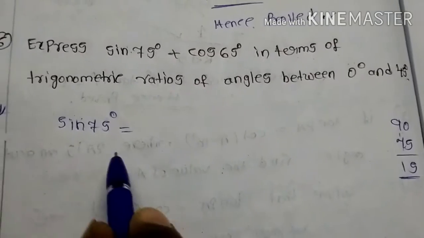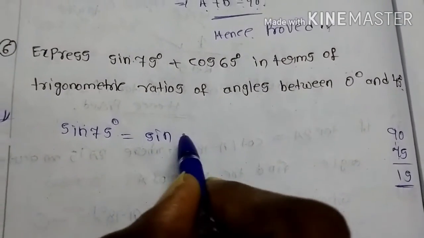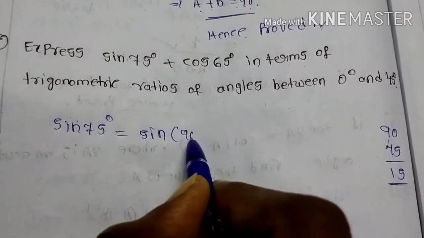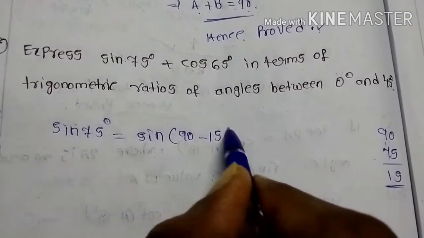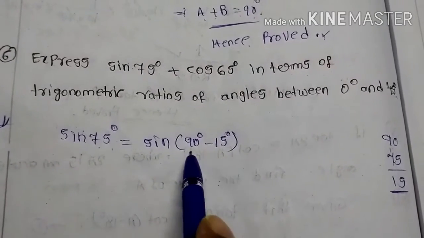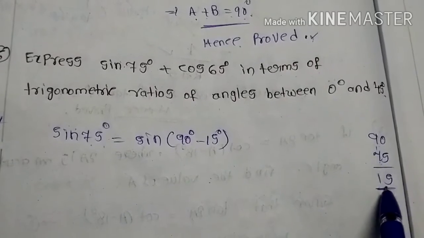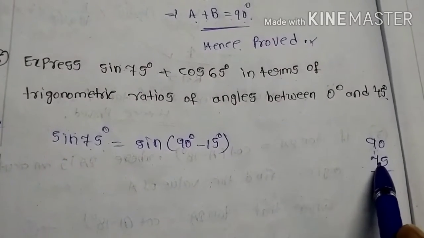That means 15. So sine of 75 degrees can be represented as 90 minus 15. Yes or no? See here, 75 is equal to 90 minus 15 or not? If you see here, 90 minus 75 means 15. 90 minus 15 means you will get 75.